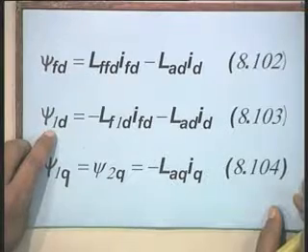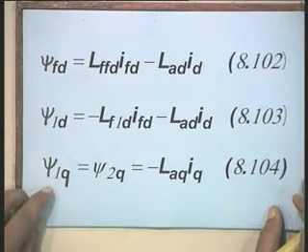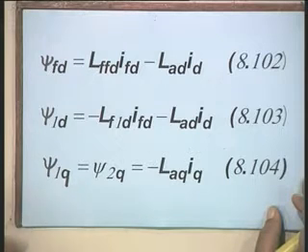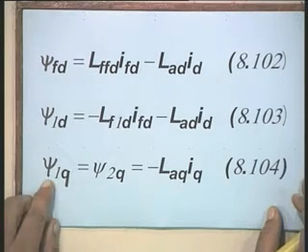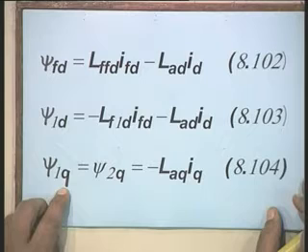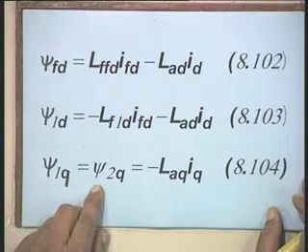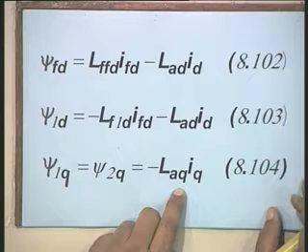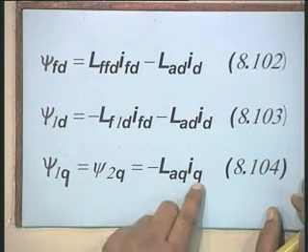Further, when you write these equations, suppose there is one amortisseur on the d axis, k becomes 1 here. Suppose you take one or two amortisseurs on the q axis, one equation will be for psi 1 q. For the second amortisseur, it will be psi 2 q, right, and they will be written by the same equation minus LAQ IQ.